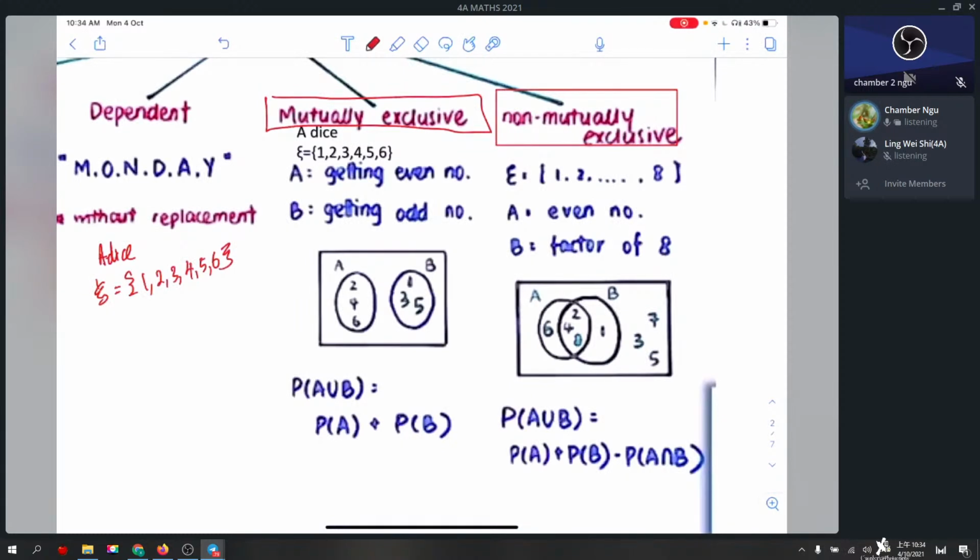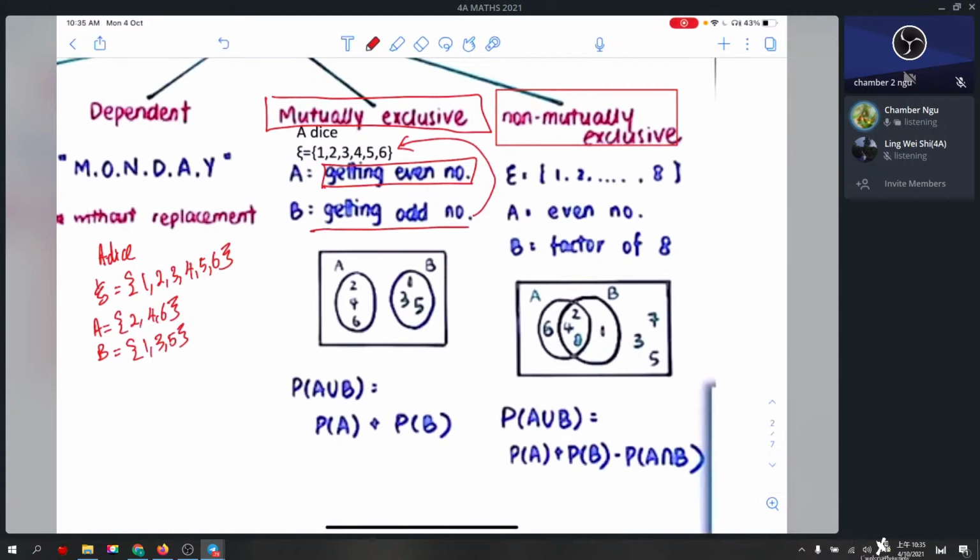Okay, so if we have a set A, A is getting an even number, the elements of the set A will be 2, 4, and 6. Then set B is getting an odd number, as we talk about on the dice, right? So we get 1, 3, and 5.